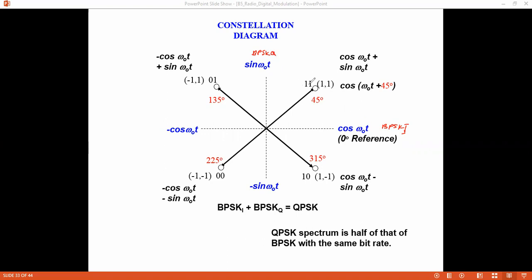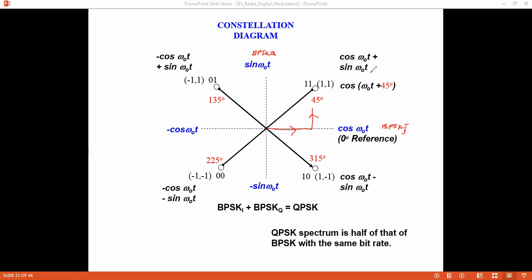So the first phase, 45 degrees, is cos omega naught t plus sine omega naught t. We can understand this by using vector concept. So plus cos, and then plus sine, we go up, right? Plus sine, plus cos, plus sine.